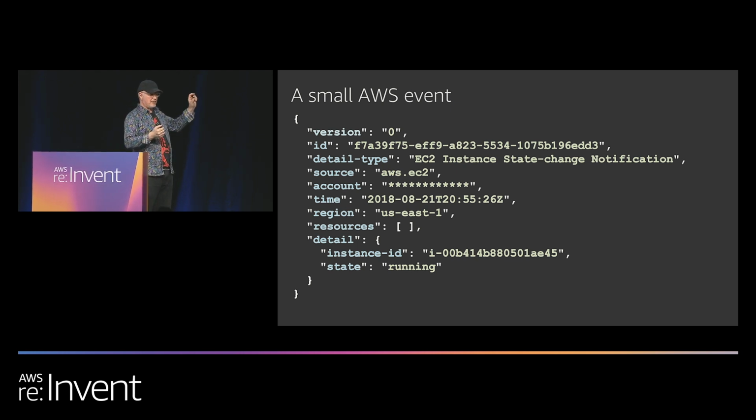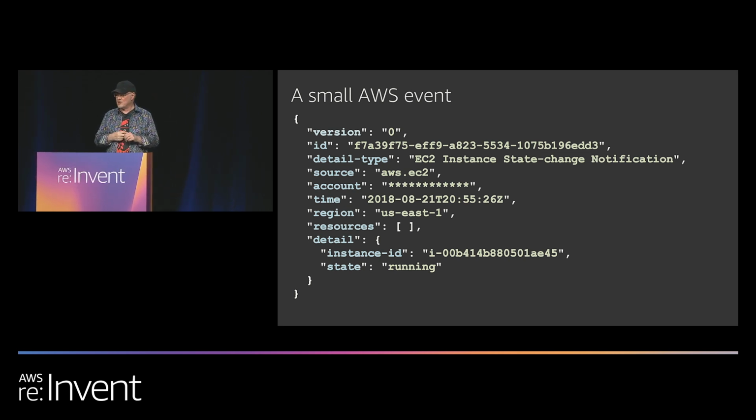It tells you what the payload is. To be precise, the combination of the source field and the detail type field tell you what this is. In this case, this is from EC2, and it's an instance state change notification. And by the way, keep this simple little event in mind because I'm actually going to use it a couple more times to illustrate one thing or another.